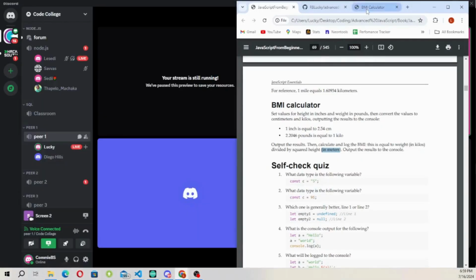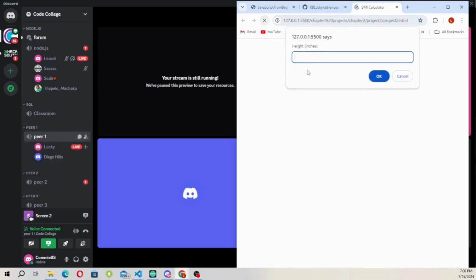If I just show you how it works, let's actually calculate yours. What's your height? In centimeters, it's 180. So that's like 71 inches, I think.